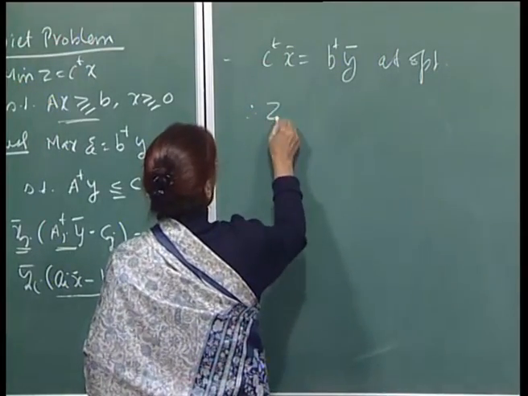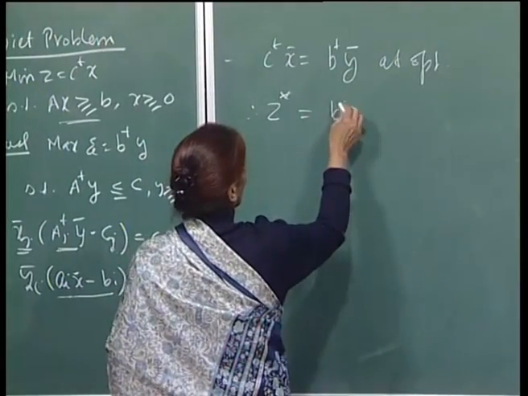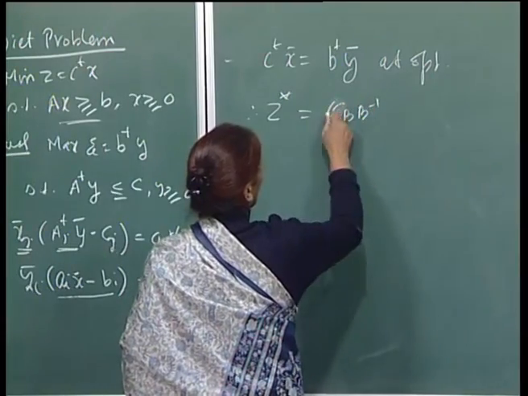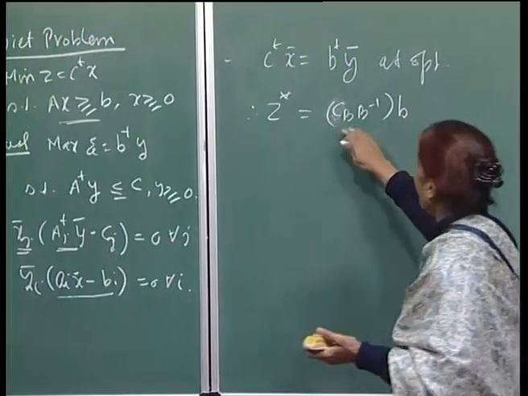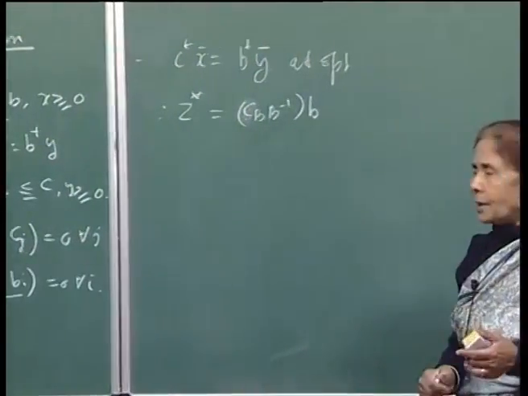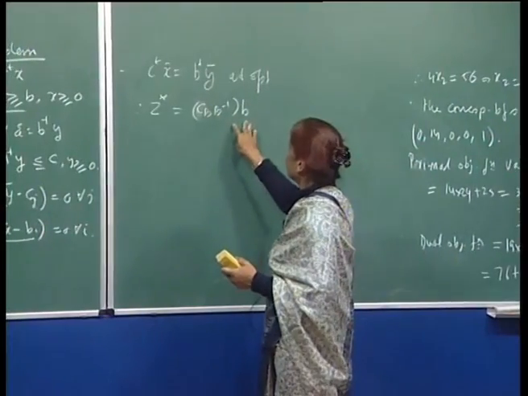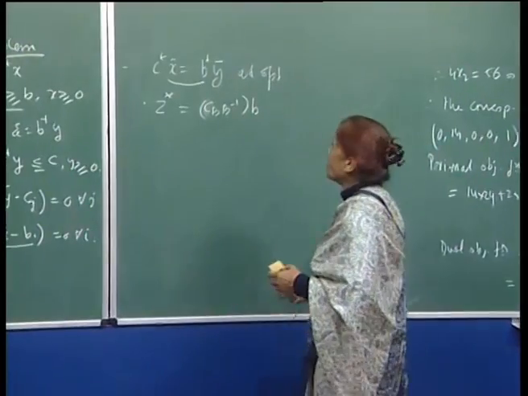Therefore, your Z star, maybe you can say, is actually, you can write this as CB B inverse times B. Fine. I remember I am reading this always as a row vector. So, if B is your corresponding optimal basis, then this is what you have. Because at optimality, the two objective function values must be the same.